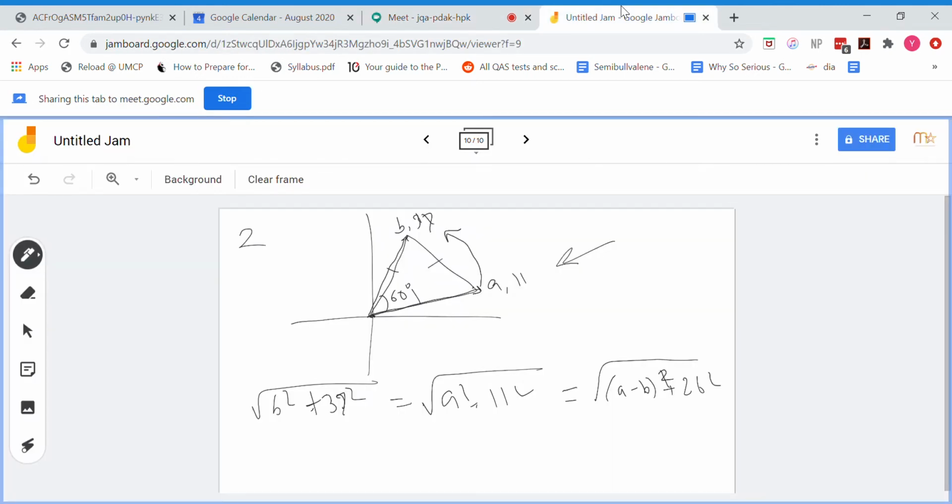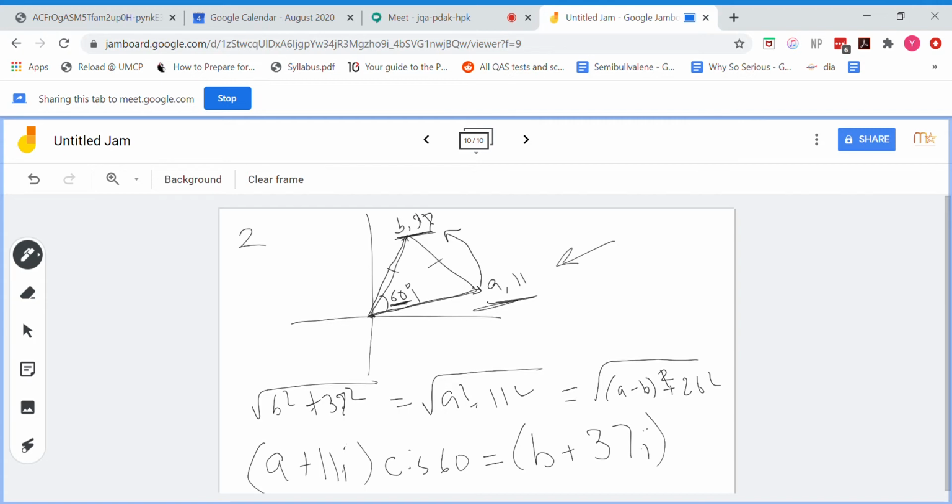So let's try applying complex geometry here. If we assume that (a, 11) is the complex number a plus 11i, and we multiply it by cis 60, since rotating 60 degrees corresponds to multiplying by cis 60, this equals (b, 37), which would be b plus 37i.